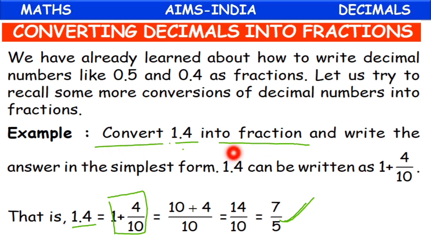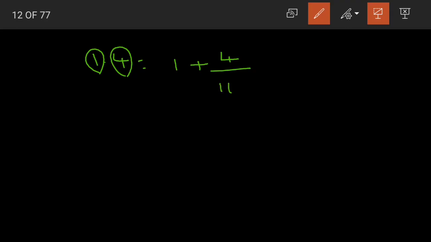What did we learn just now? Conversion of decimals into fractions. Now we know that both the basic decimals and also a complicated decimal like this can be converted into a fraction. Let us revise again. I'll tell it quickly. 1.4, how will we write it? This 1 plus the decimal place 4 divided by 10, as we are having only one decimal place.